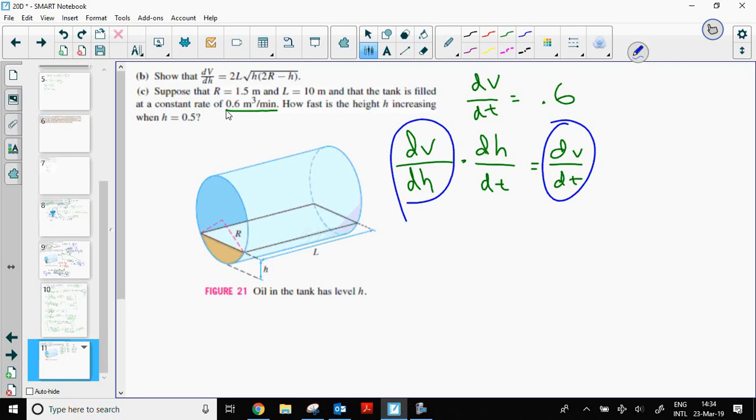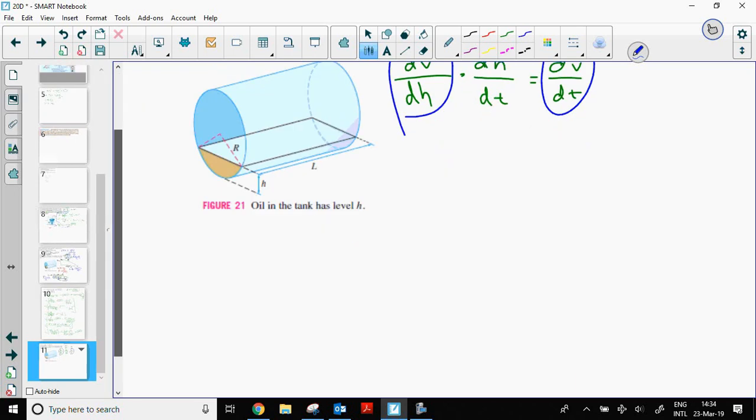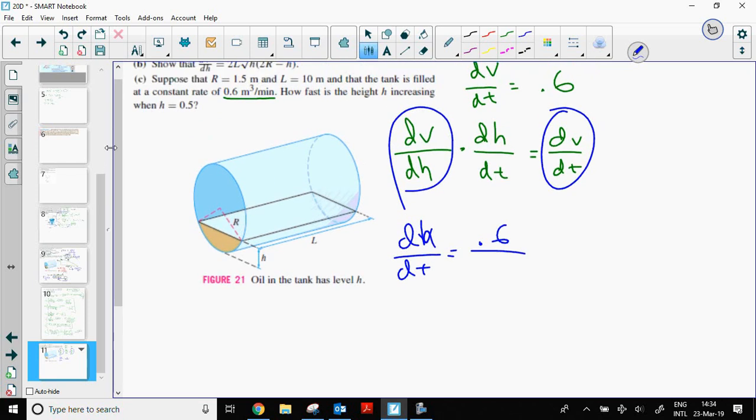So all we need to do is rewrite this equation and then substitute some stuff in. So dh/dt is going to be equal to 0.6 divided by our expression from part B, so divided by 2L times the square root of h times (2r minus h).